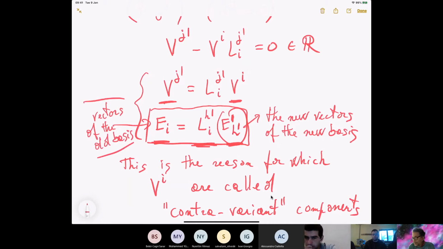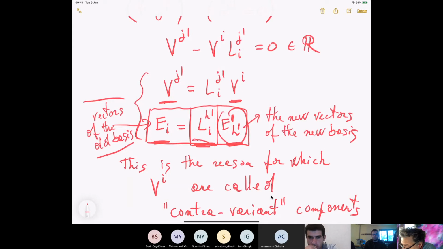So this matrix is the inverse matrix of the transformation matrix transforming the old into the new.